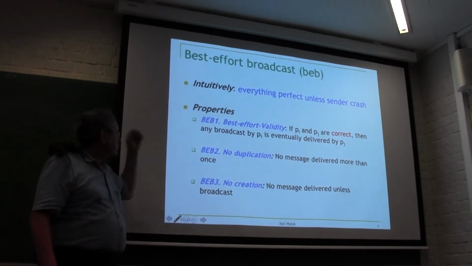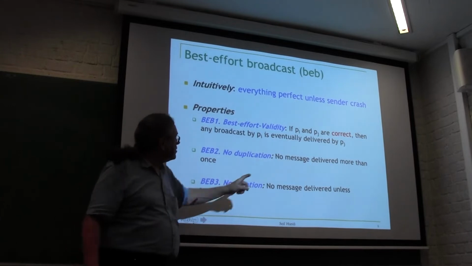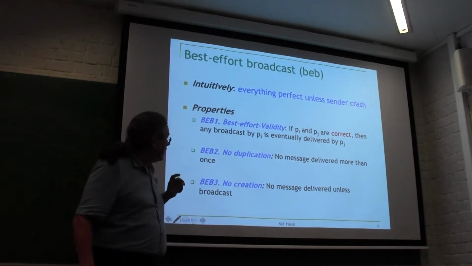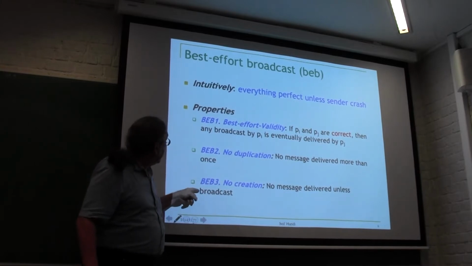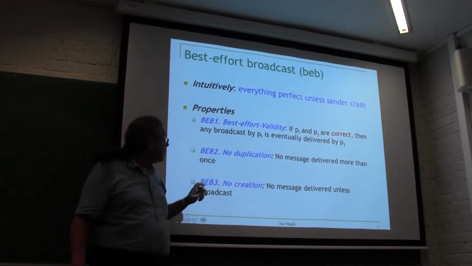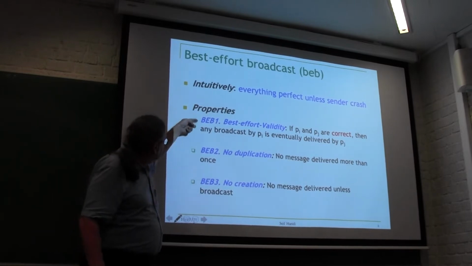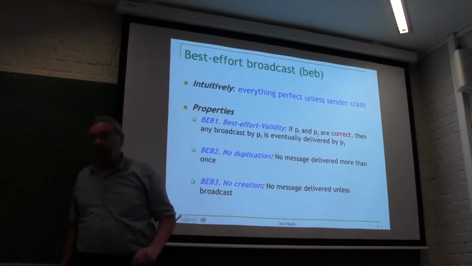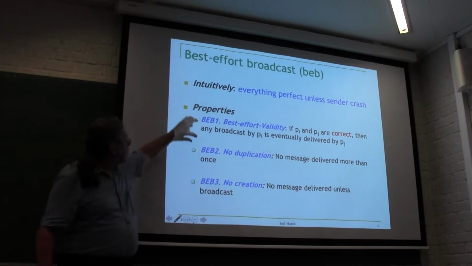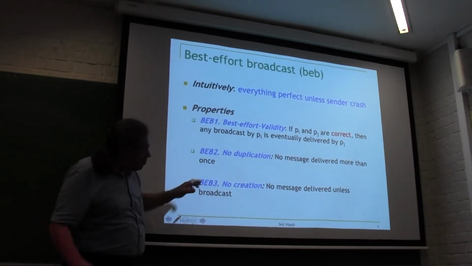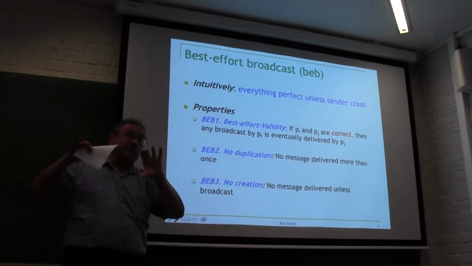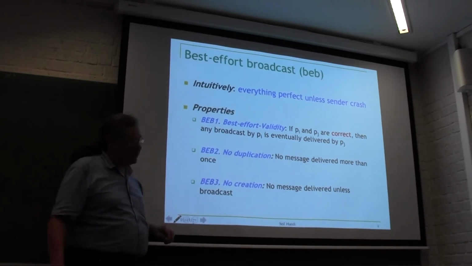No duplication: no message delivered more than once. And no creation: no message delivered unless it was actually broadcast. So these 3 together define the best effort. You see how we do it. We have the basic functionality, and then some extra properties to make sure that it's doing exactly what we want.